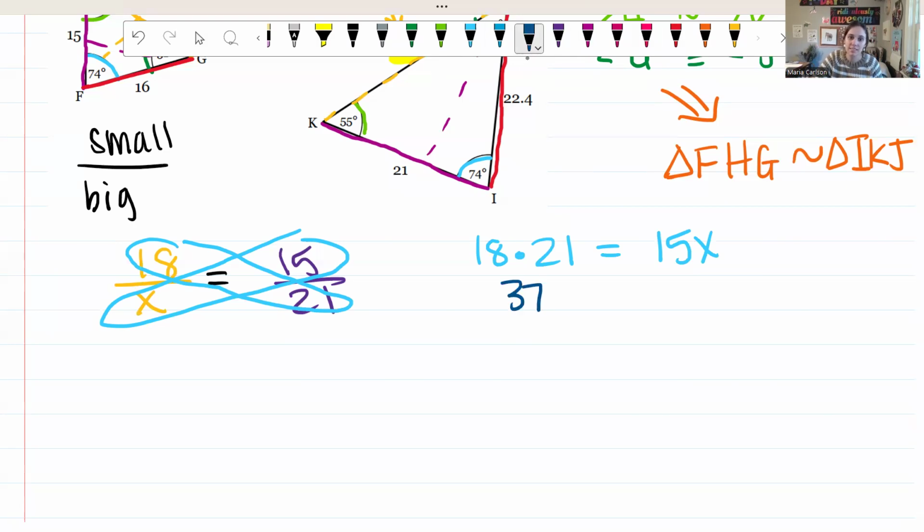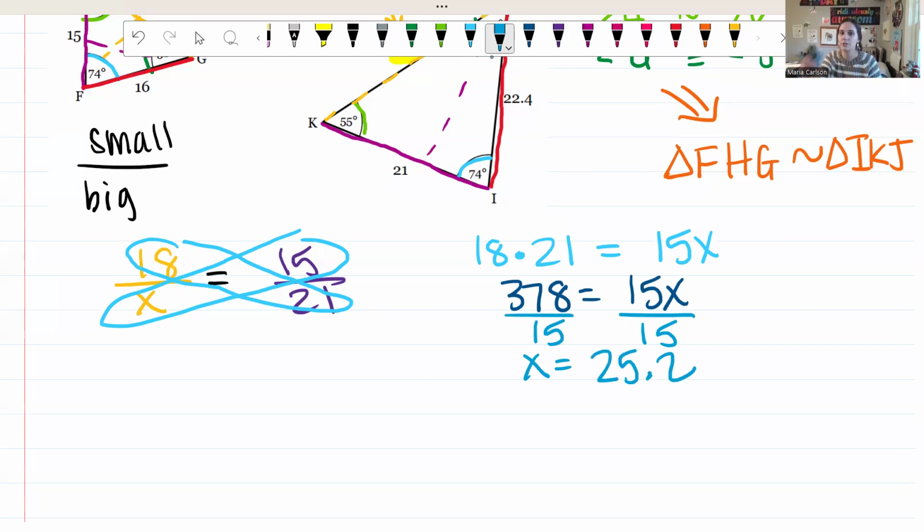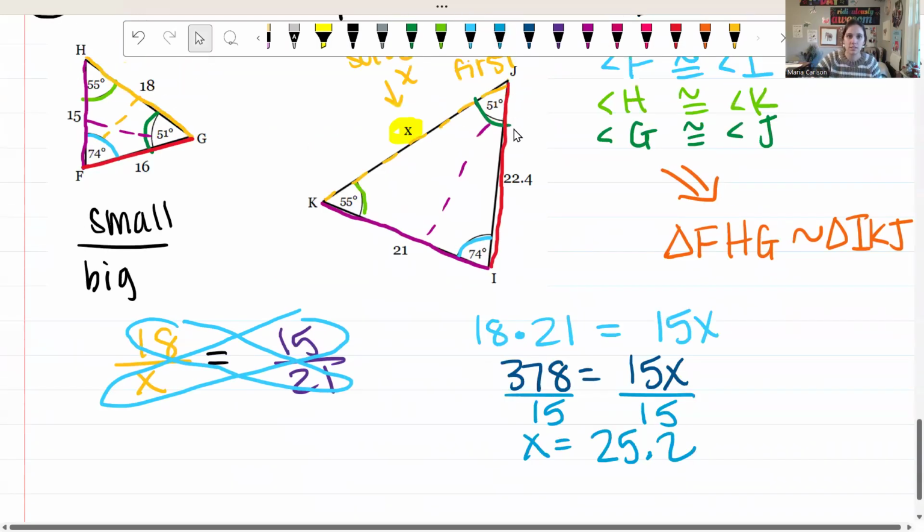So 378 is equal to 15X. And undoing that multiplication, I would divide both sides by 15, which tells me then that X is 25.2. 378 divided by 15 is 25.2. So let's put that right here.